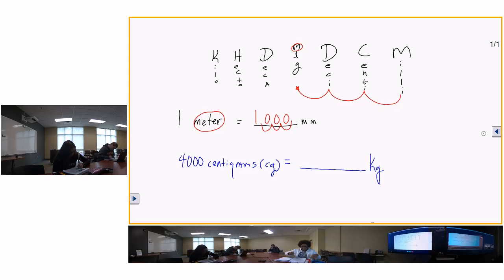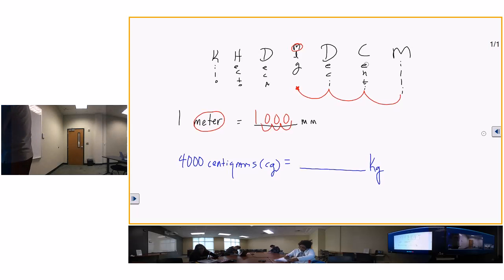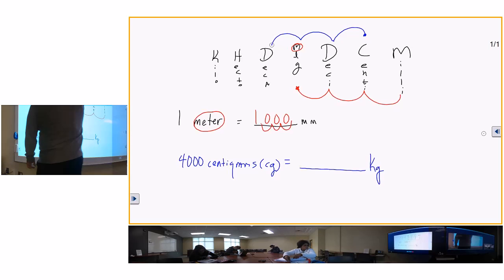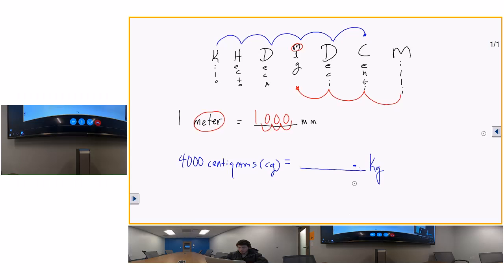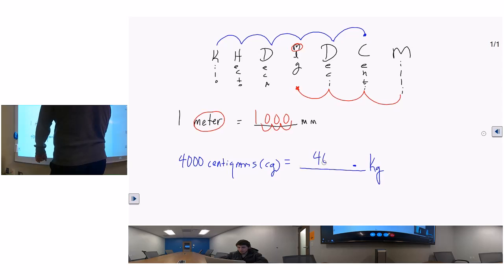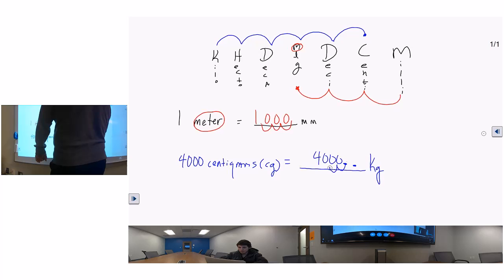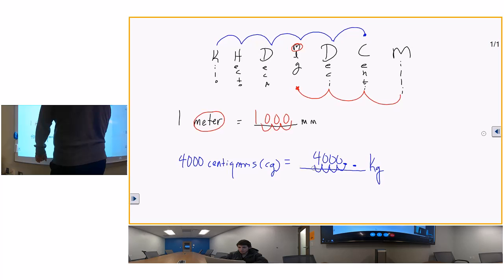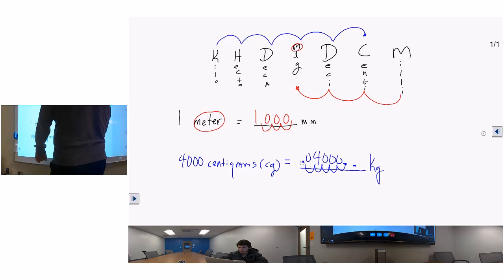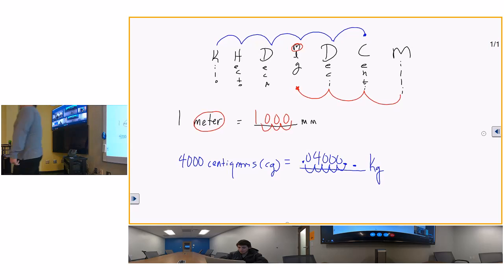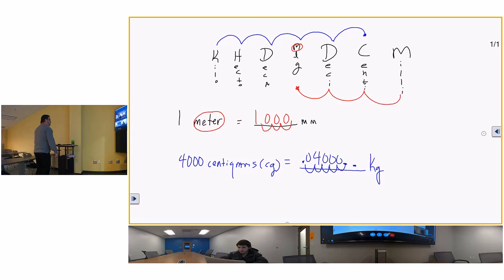So that means we have to start with centigrams, which is here. 1, 2, 3, 4, 5. So 4,000, decimals right here. 1, 2, 3, 4, 5. So 4,000 centigrams is equal to 0.04 kilograms.